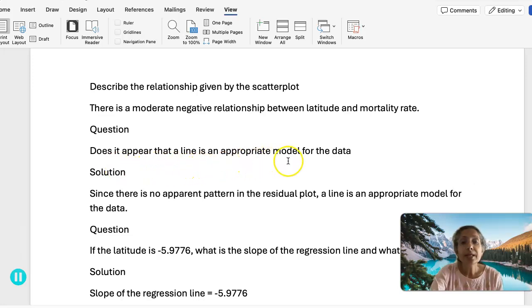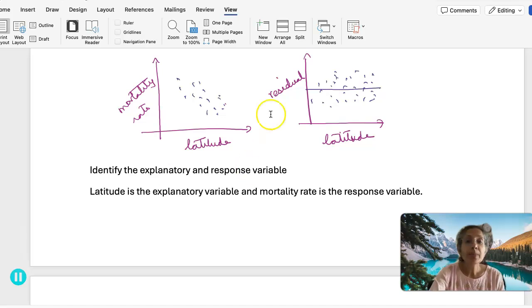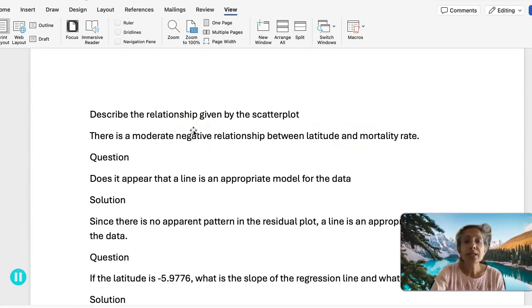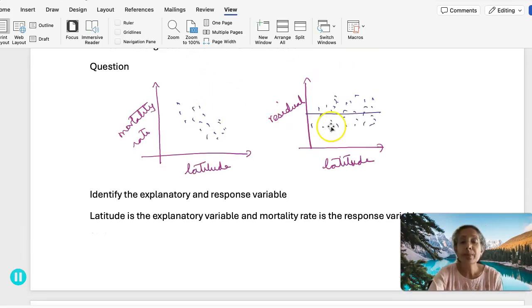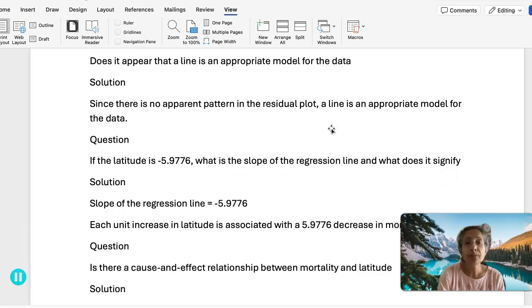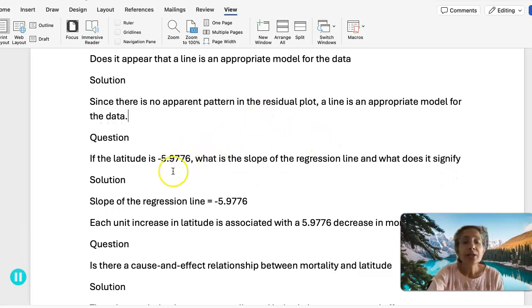Does it appear that a line is an appropriate model for the data? There is no apparent pattern in the residual plot, so a line will be an appropriate model. If the slope is minus 5.9776, what does it signify?